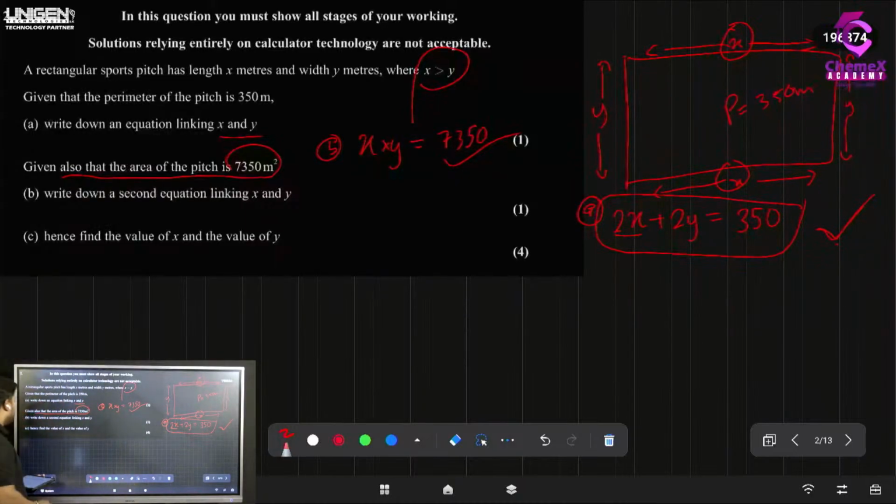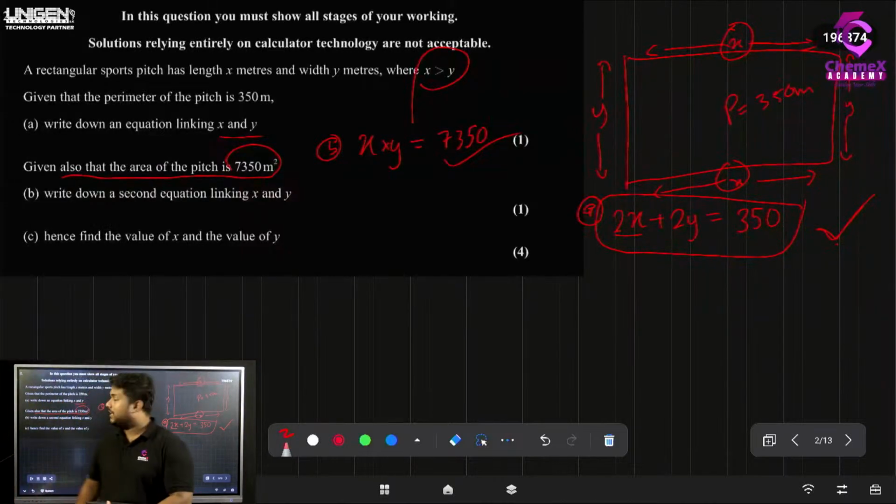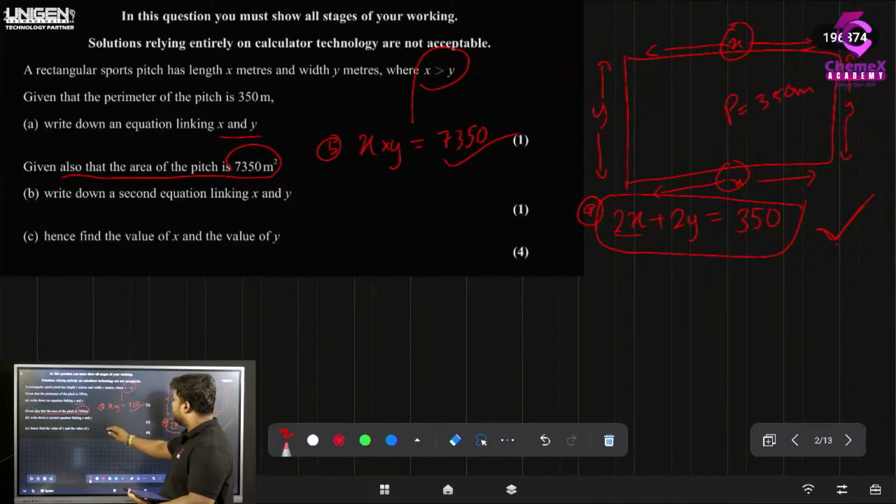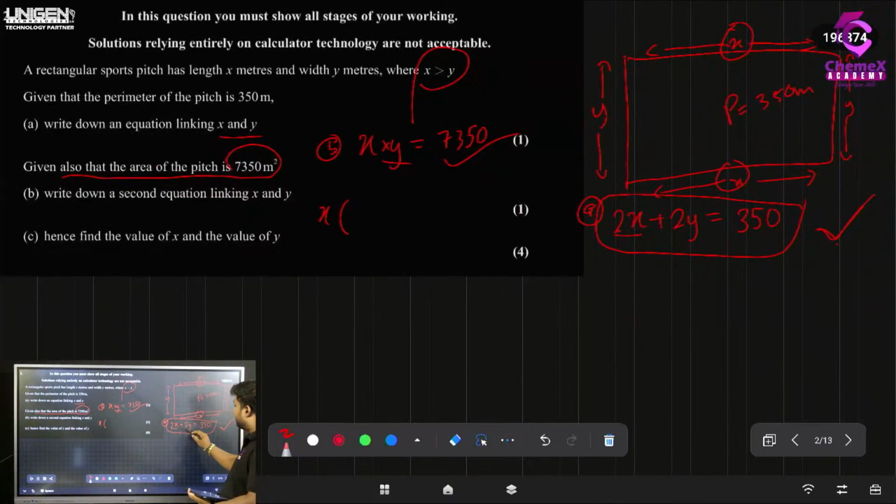Now the last part. Hence find the value of x. How do you solve this now? Easy. Make y the subject from here. 2y is equal to 350 minus 2x. Then divide by 2.